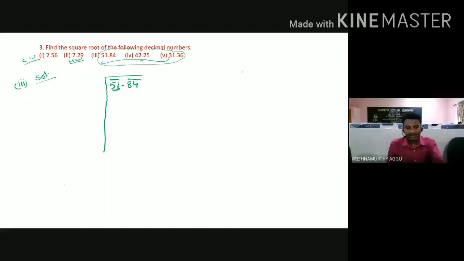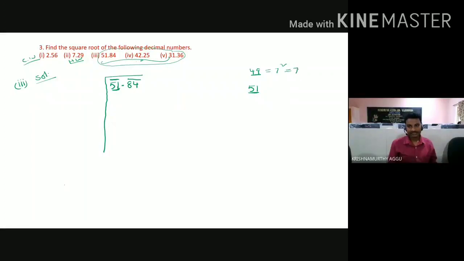What is the number below the first bar? 51. Is 51 a perfect square number? No. So take the perfect square number before 51.